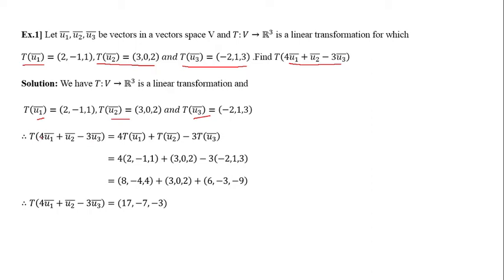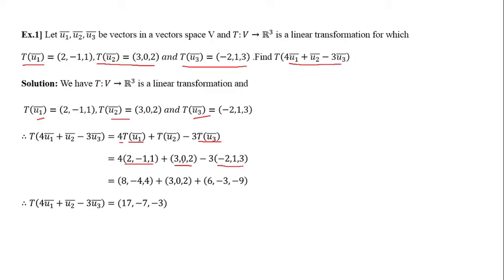So T is a linear transformation. So here directly 4 is a scalar, so you can take 4 outside, T of u1 bar, plus sign is there, plus T of u2, and now this minus 3 you can take outside, minus 3 times T of u3 bar. So just put T of u1 bar here, (2, -1, 1). T of u2 bar is (3, 0, 2) and T of u3 bar is (-2, 1, 3).